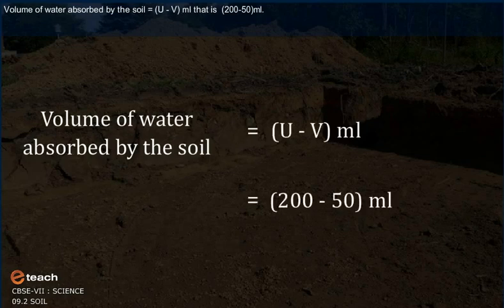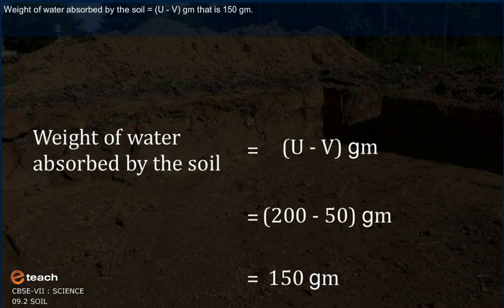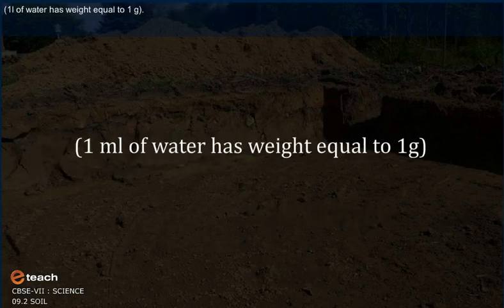Volume of water absorbed by the soil is equal to (U minus V) ml, that is 200 minus 50 ml. Weight of water absorbed by the soil is equal to U minus V grams, that is 150 grams. 1 ml of water has weight equal to 1 gram.